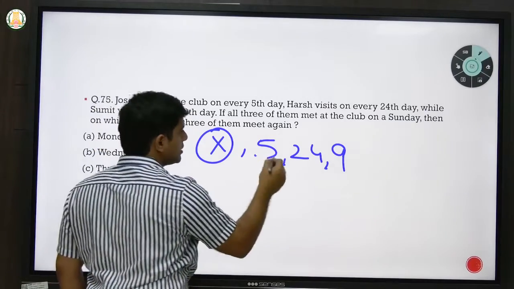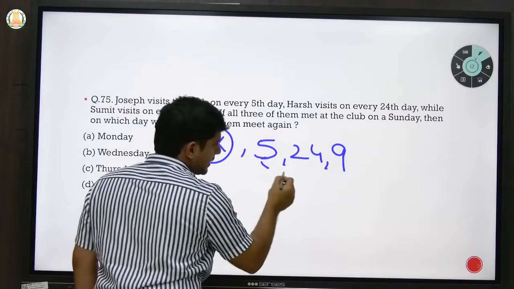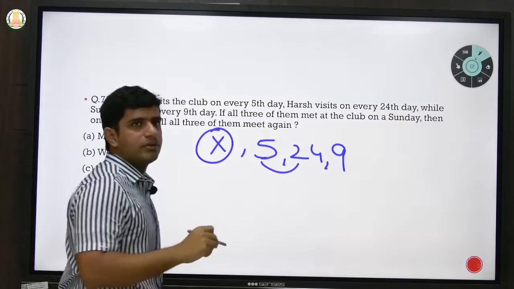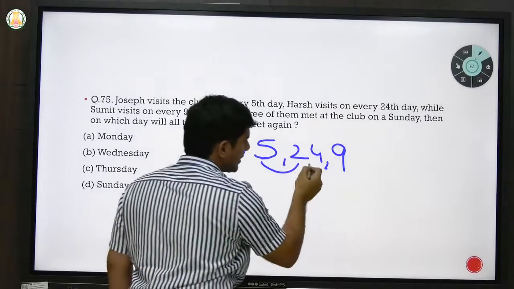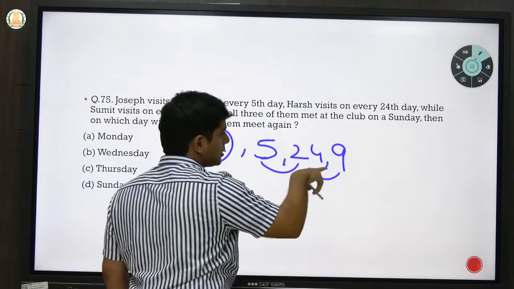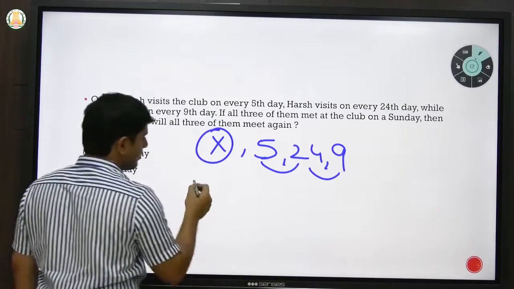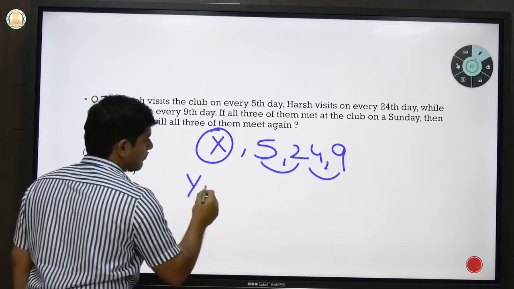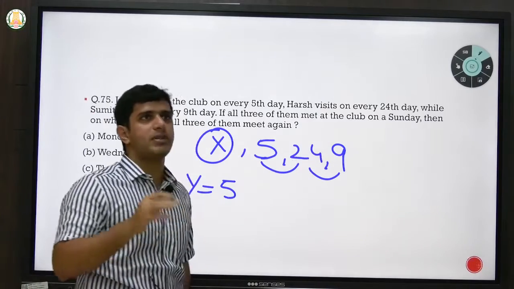So how do you find it? Let's see if there is any common factor between 5 and 24. There is none. But see if there is any common factor between 24 and 9. Okay, there is 3. So how do you write it? You have to first represent all these numbers in their prime factors.